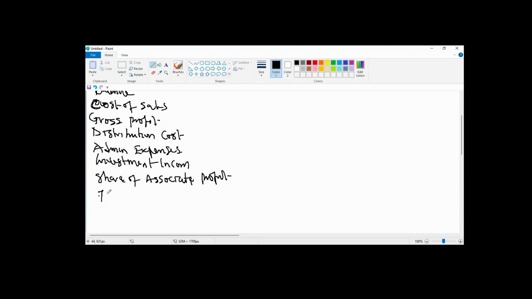They will not say finance cost. We don't consolidate associates. We only show investment in associates. We don't consolidate associates' finance costs. Thereafter, profits before tax. Then profit for the year.